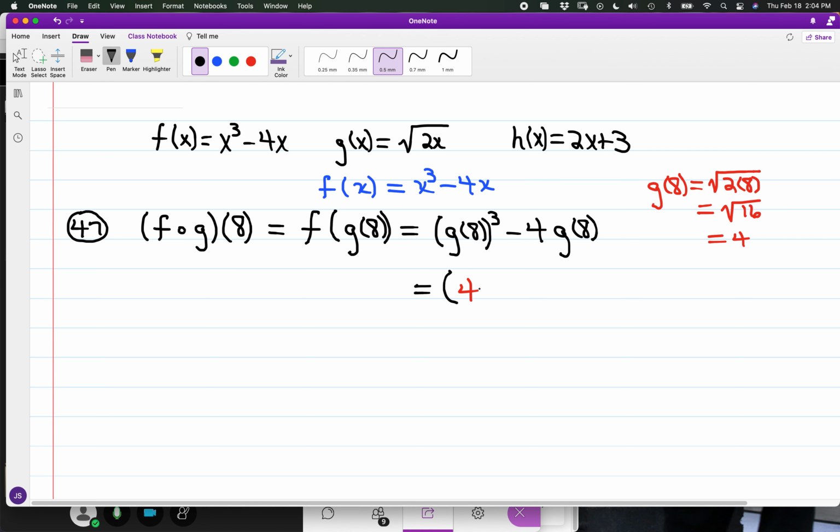So we have the cube of 4 minus 4 times g of 8, which is 4. 4 cubed is 64, minus 4 times 4, so minus 16. And 64 minus 16 comes out to 48.